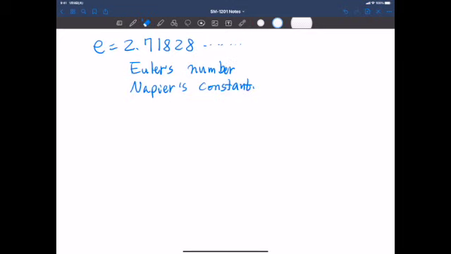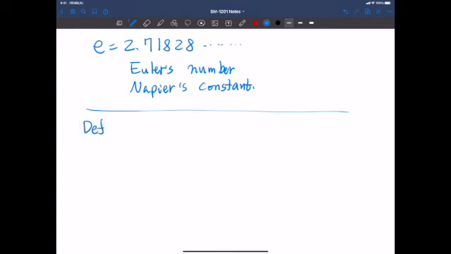Okay, next we would like to define this famous constant E, which is also known as Euler's number or Napier's constant. And this constant plays an important role in the study of complex numbers. But first, let us define the natural logarithm.